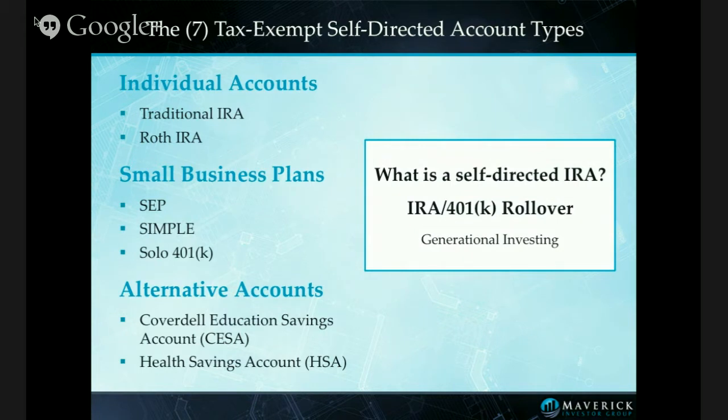But a self-directed IRA really means that your custodian, like Equity Trust, allows you to invest in investment options and asset classes outside of the traditional stock market. So usually the IRAs that many folks have today, the 401ks you have, you're invested in stocks, bonds, mutual funds, and you're pretty much limited to those selections. A self-directed IRA, you can do things like real estate and own real estate inside that IRA.